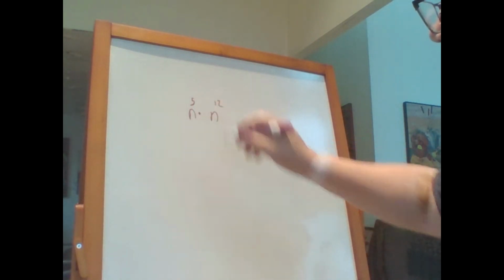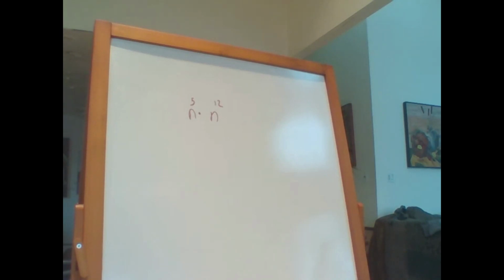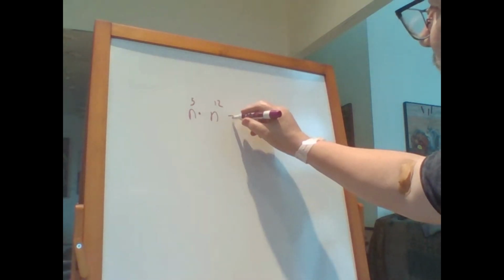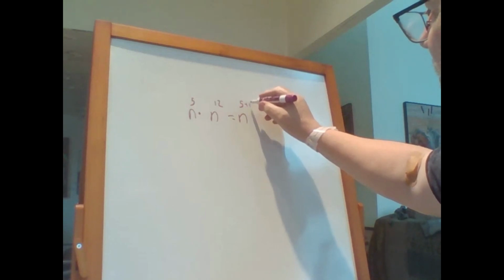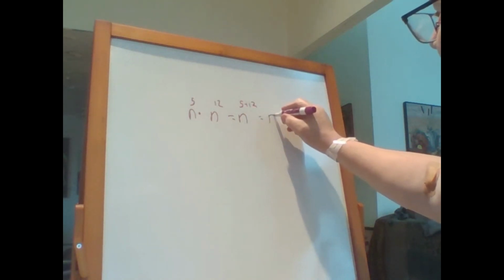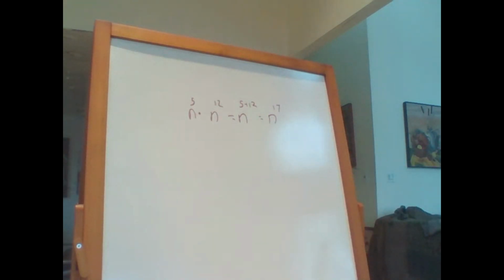Well, we have the same bases, so we have multiplication, so we can apply the law of exponents. So that would be n to the 5 plus 12 equals n to the 17th. So we can apply the law of exponents here.